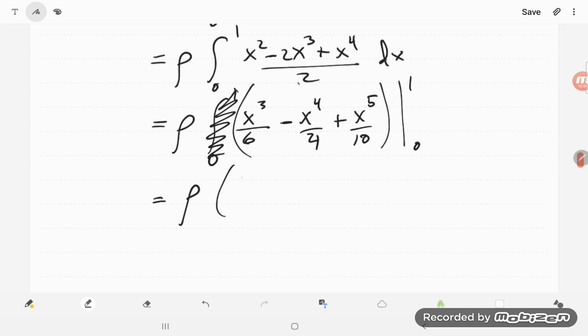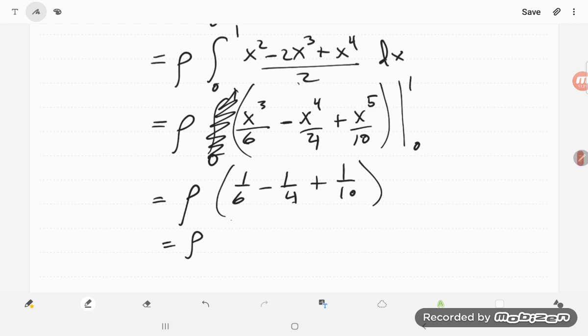So that's rho, and we have 1/6 minus 1/4 plus 1/10. Let's see. We can go to twelfths. This is 2/12 minus 3/12, so I've got a negative 1/12.